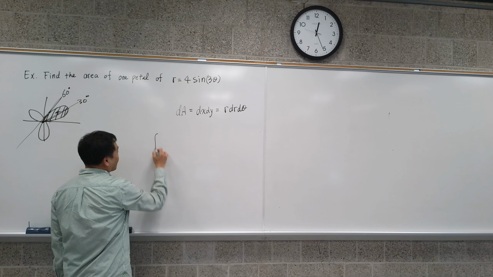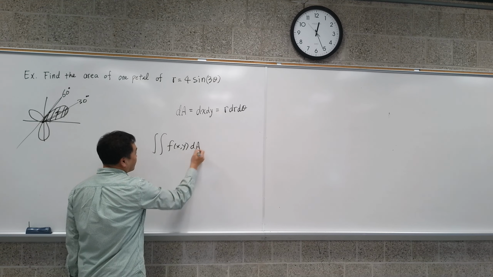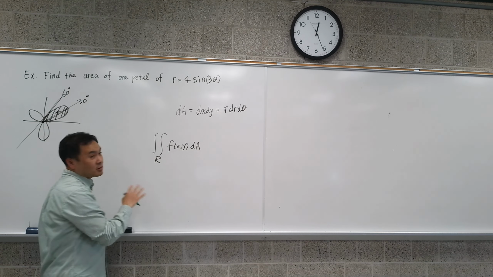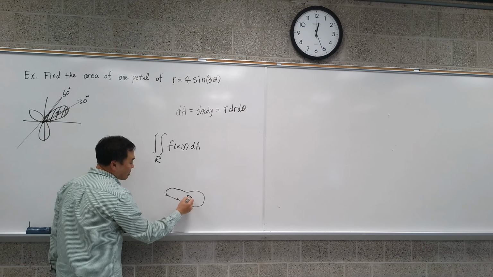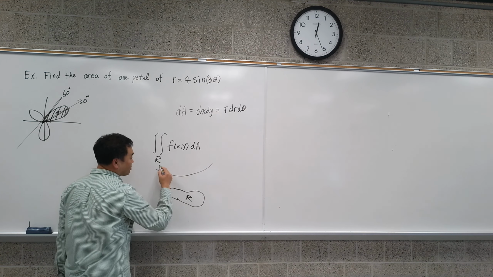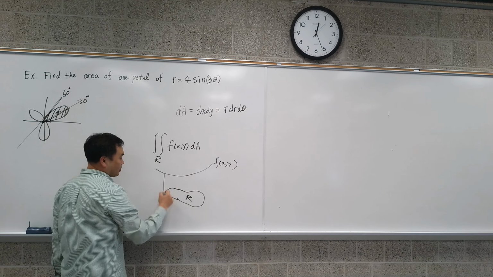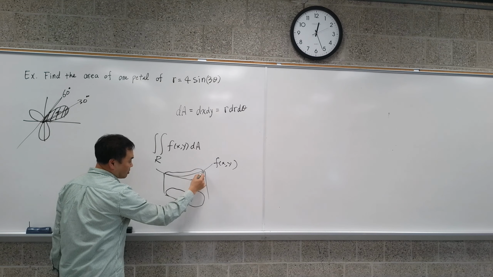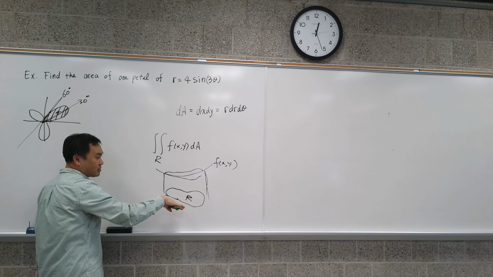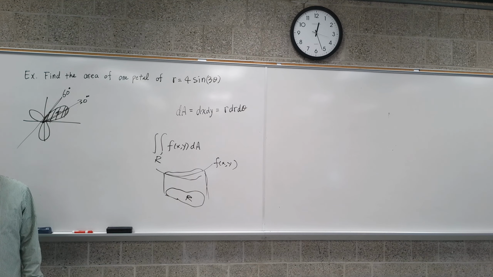And I was saying this double integral had the meaning of, if you have a region R downstairs and some kind of surface upstairs, then the volume under the surface over this region is what this is calculating. So the double integral calculates the volume.